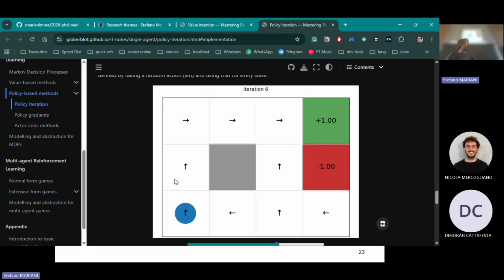So if you can follow in imagination, we went up, then up again, nothing changed, then left, then we go down. In all of these moves, we have as yet no clue about whether we are doing something good or not. There is no reward yet. We didn't collect any reward. So we need to do this trial and error process until we get to some reward, positive or negative, doesn't matter. At least we have some feedback about what we were doing.